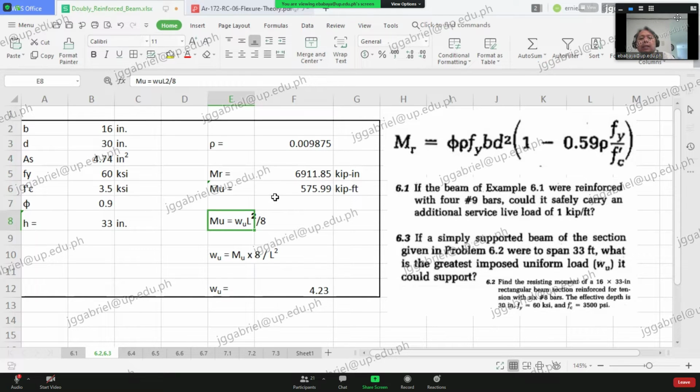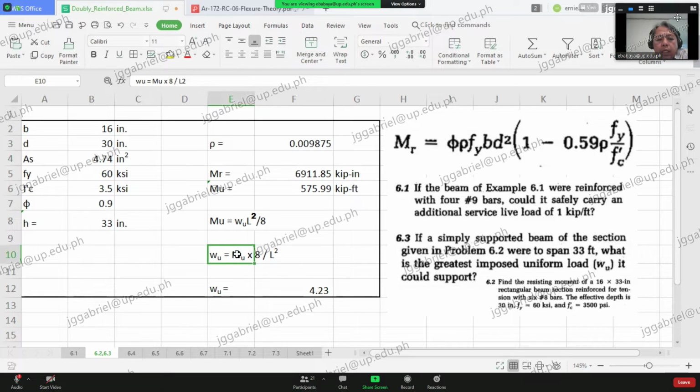Now, sir, why WU? Because it is a question: what's the greatest imposed uniform load? So we have this formula. Now, isolate WU, work out the equation. Your formula would be MU times 8 divided by L squared. This is just algebra.